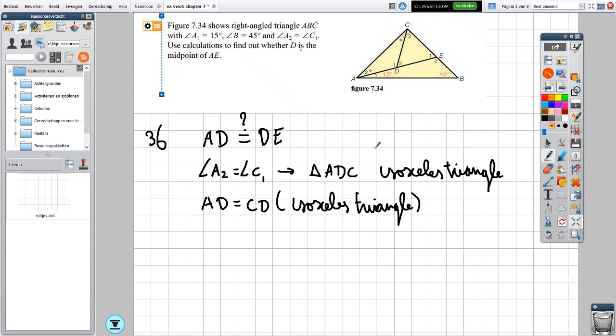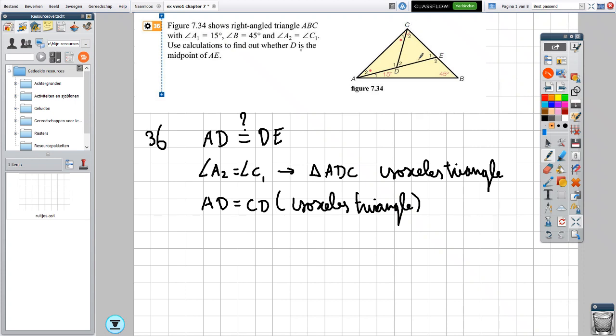But I'm trying to find out whether AD is equal to DE. That's actually the same as finding out whether DE is equal to CD. And if CE is also equal to DE, that means that this is an equilateral triangle.